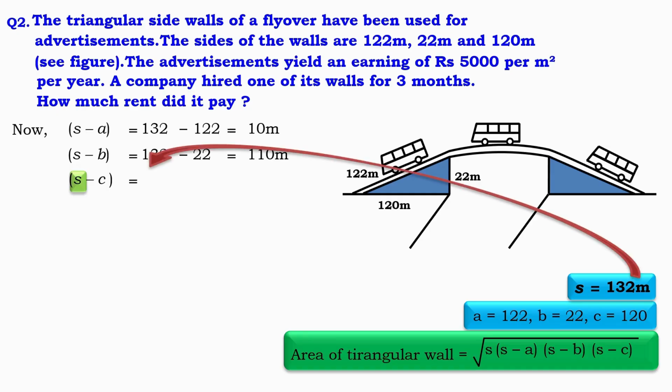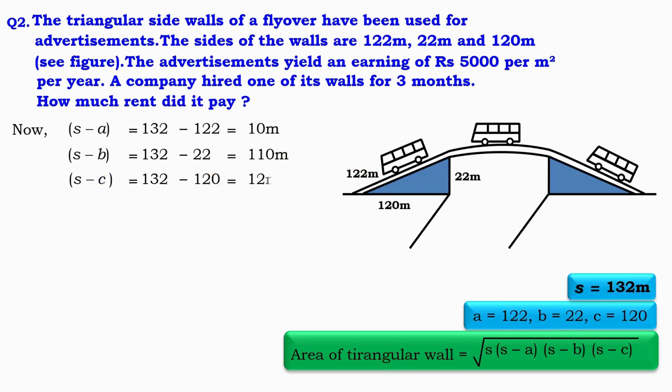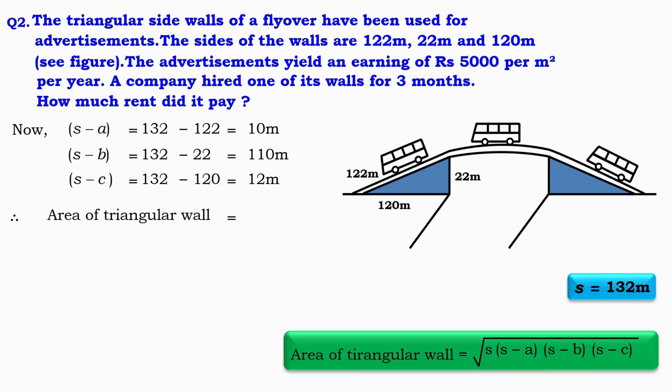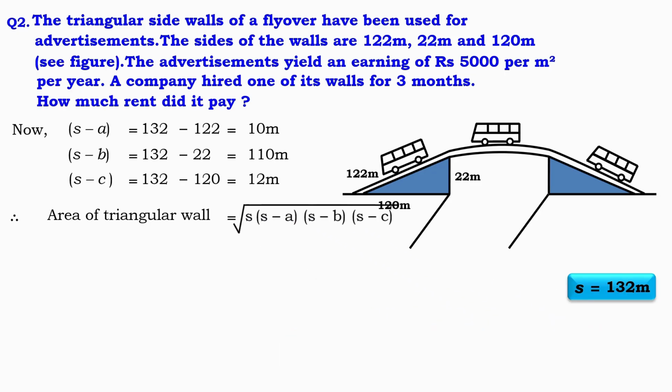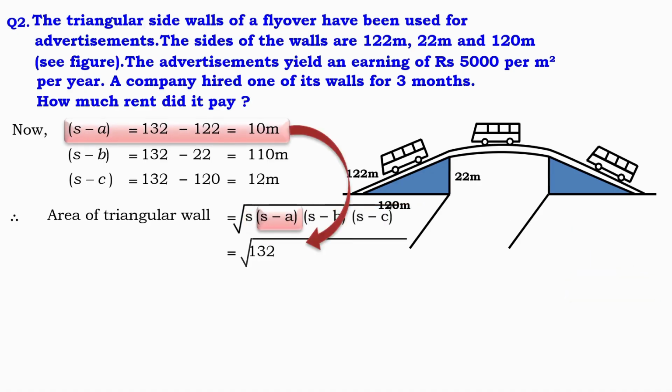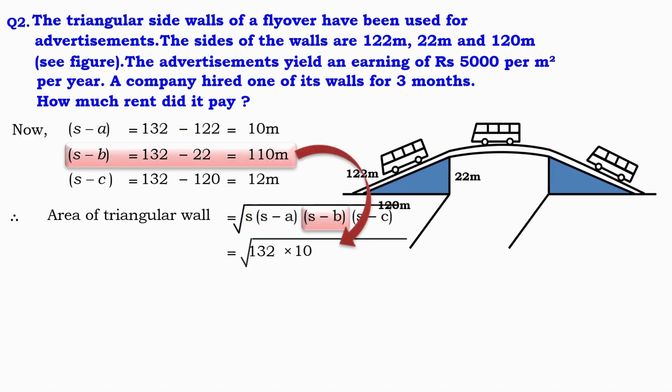Then S minus C is 132 minus 120, that is 12 meter. Now the area of the triangular wall, we have to apply this formula. So put the values: S is 132, S minus A is 10, S minus B is 110 and S minus C is 12.